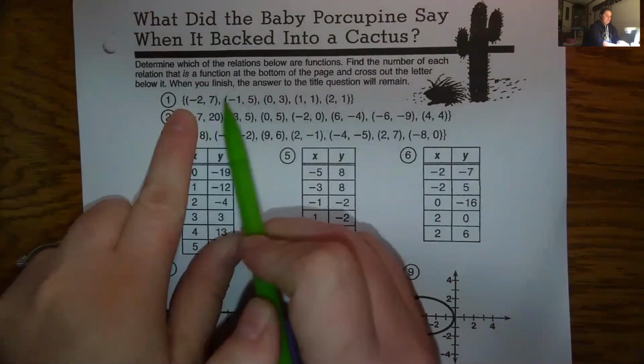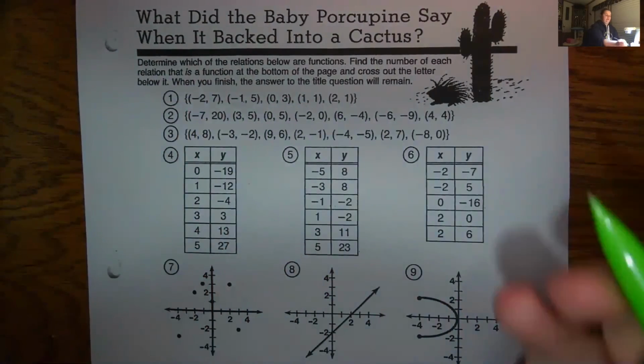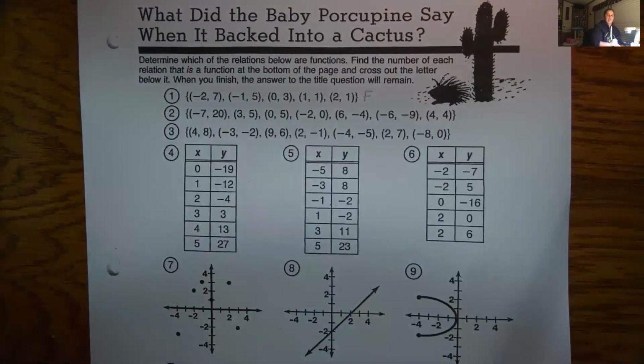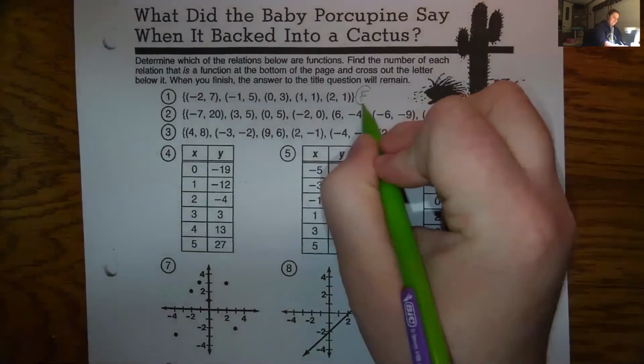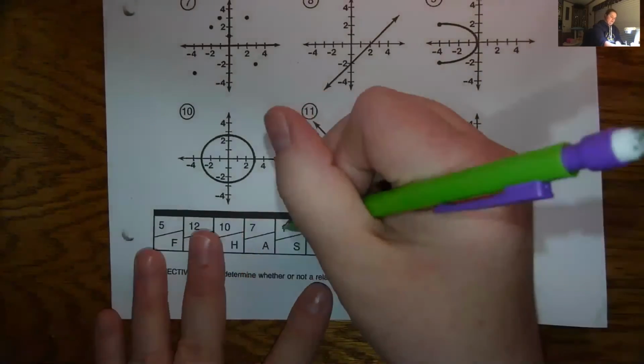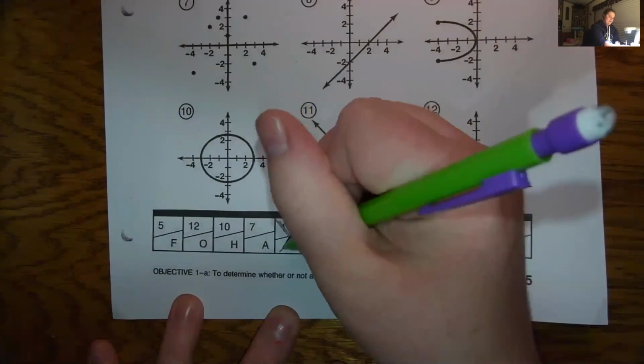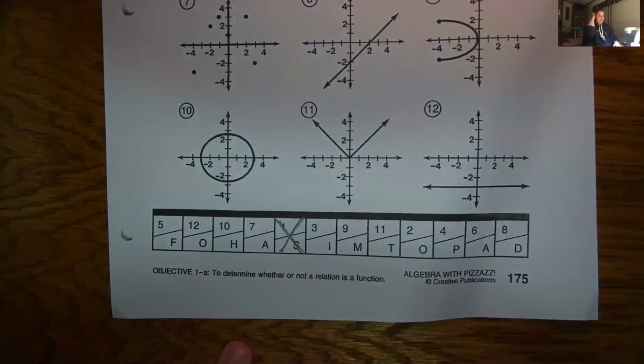So -2, -1, 0, 1, and 2. Is that a function? Yes, that's a function. Okay, F for function, or yes, however you want to write that. Number 1 is a function. So you're going to get rid of number 1 down here. So you're getting rid of that letter S. Okay, then you're going to keep going.